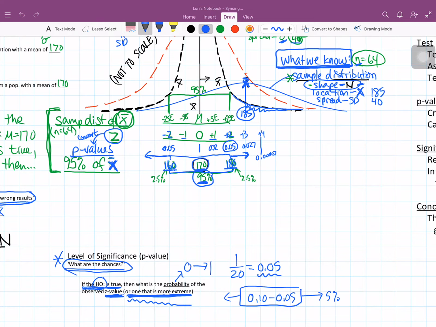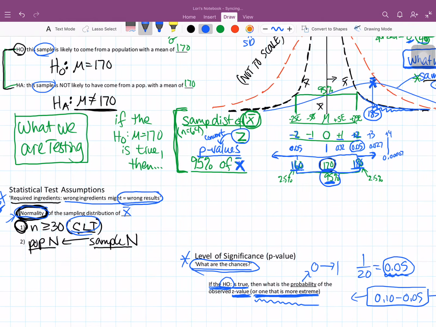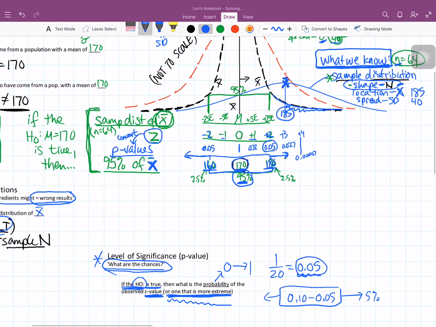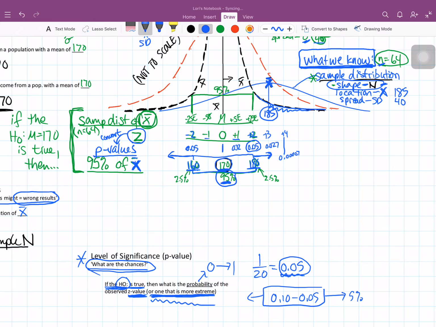And so what we're willing to live with is that 5% of the time we end up making the wrong call. In other words, we would reject a null hypothesis that's actually true. So we don't want to do that very often, but we just know that can happen. So that concludes our discussion.